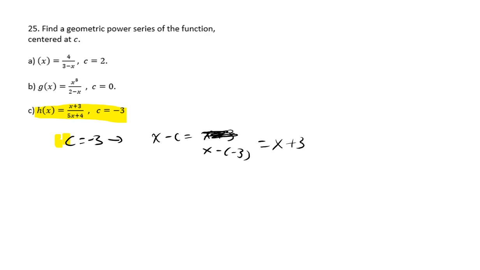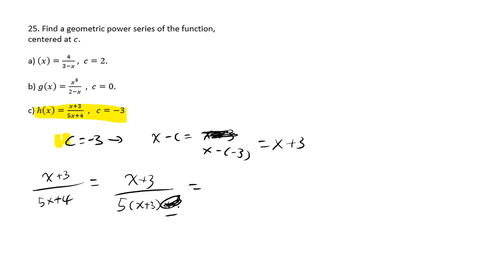And for 5x, we need to rewrite x plus 3 over 5x plus 4 as x plus 3 over 5 times x plus 3 plus something here. Okay, let's think about what goes in here. 5 times 3 is 15. 15 minus 11 gives you 4. So this should be really minus 11.